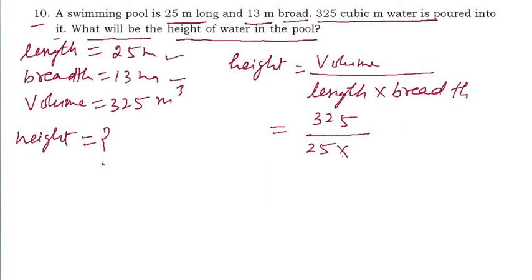So you have to multiply 25 by 13. 5 times 5 is 25, 5 times 1 is 5, 5 times 3 is 15. Then 13 times 1 is 13, and 13 times 25 is 325. So height is 1 meter.